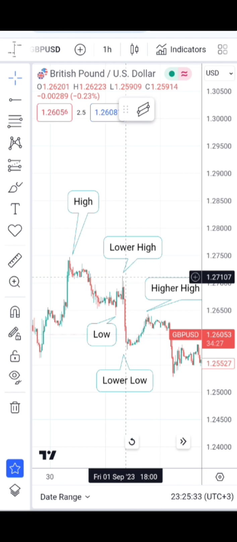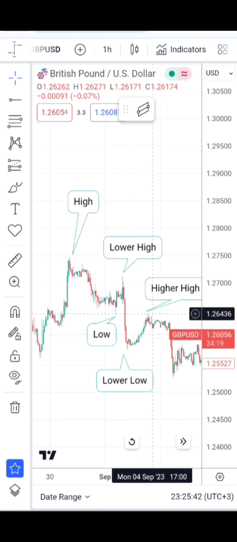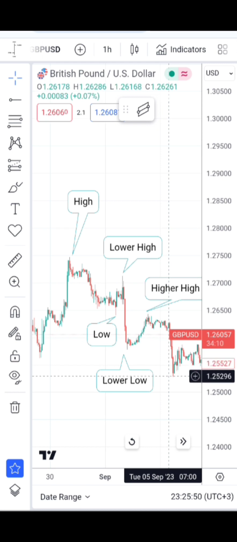So from that lower high, the market created a low at 1.25745. So from that low, there was a high at 1.26429. So from that high, another low was created at 1.25296.